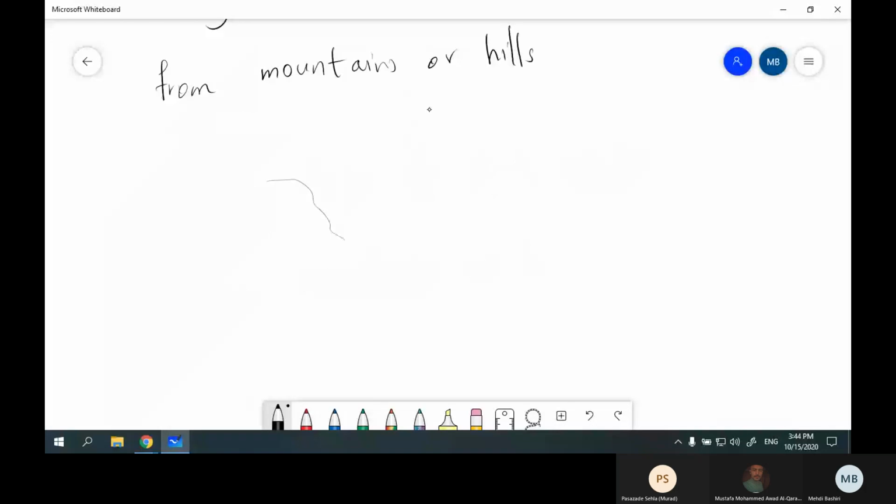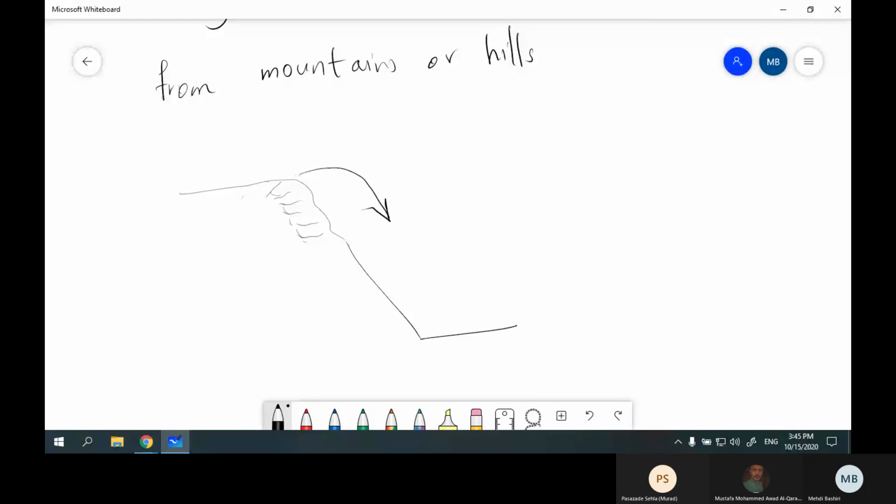For example, we have a mountain, and because of the shakings, we may have small cracks, and because of, for example, freezing and heating, we may have cracks inside the rocks, and then by shaking, these parts may fall down.